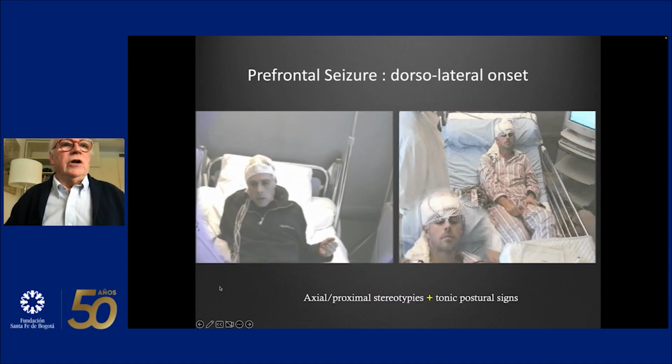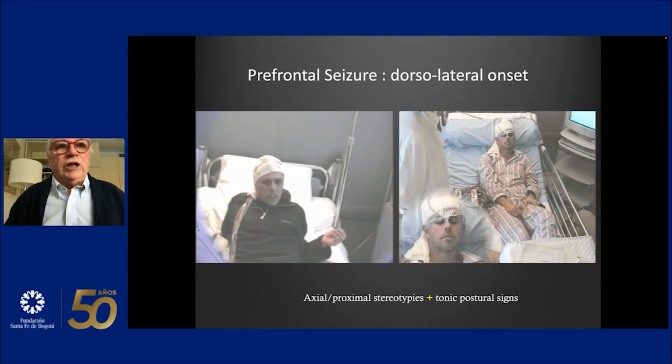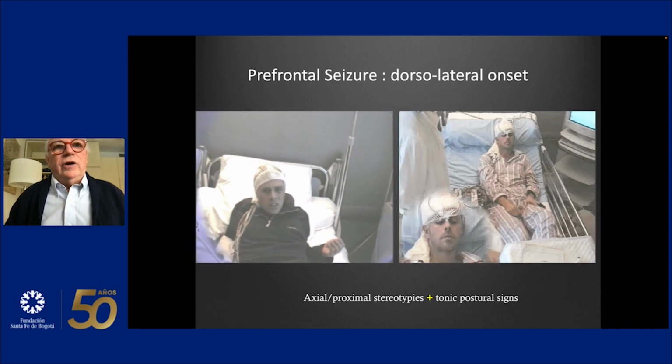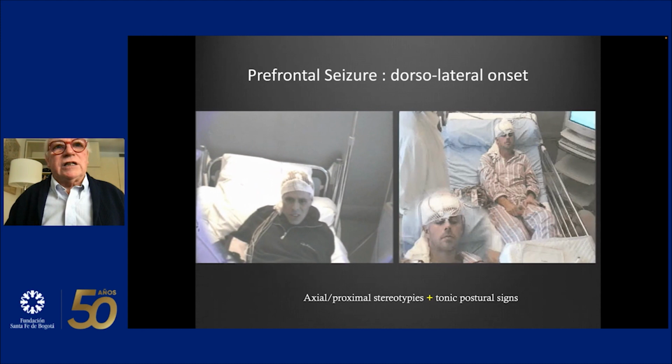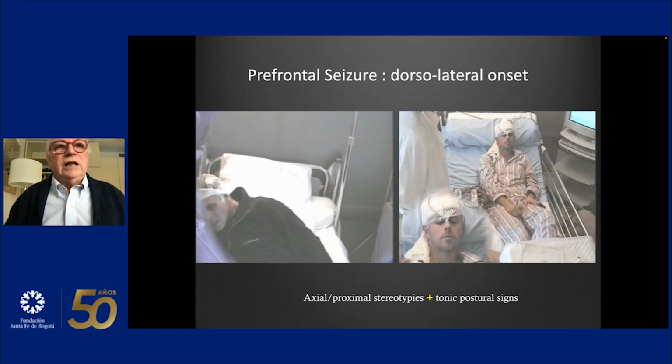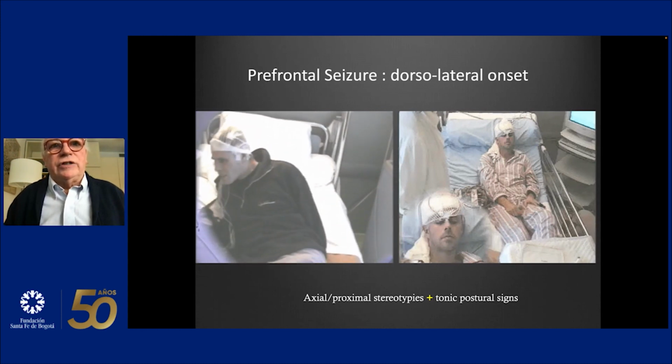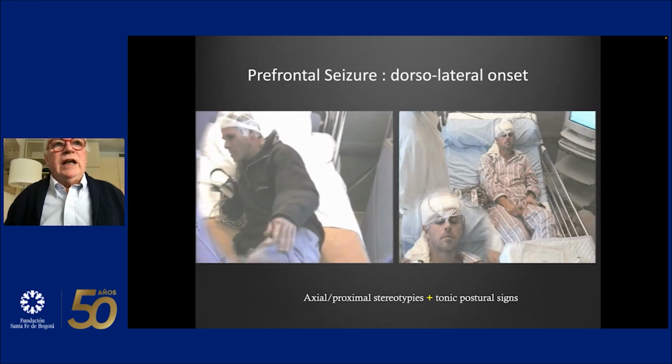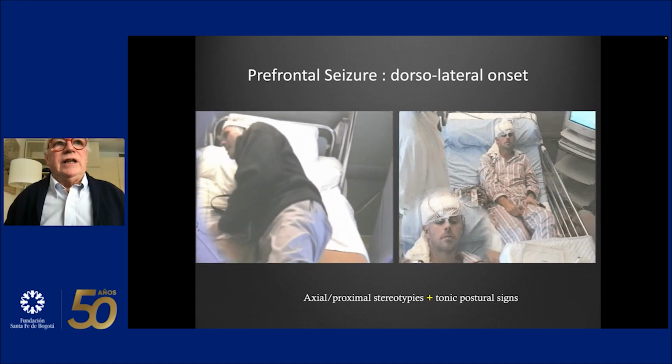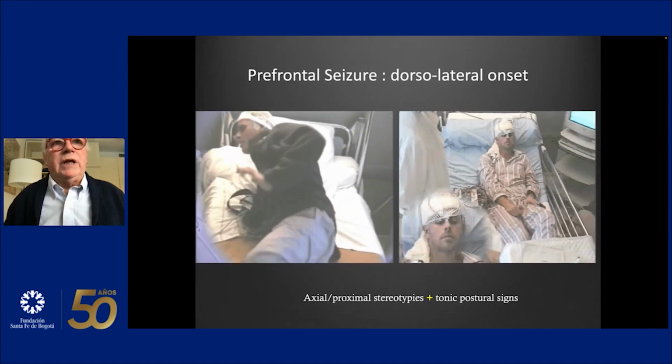So you see here a seizure from the scalp EEG. You see the tonic posture of the shoulder, and you see the face like he was suffering, and now axial stereotypies. He moves, and at the end, he has a verbal stereotypy.